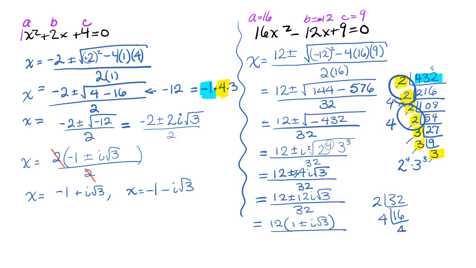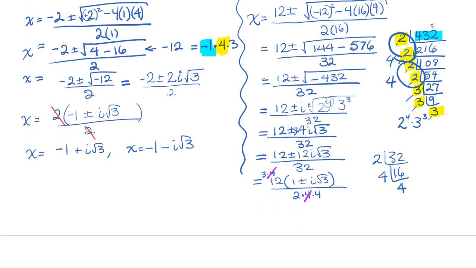If I divide by 4, I get 4 as a remainder. Think of it like this. We have a 3 times a 4 in the numerator. That will give me my 12. And I also have 2 times 4 times 4 in the denominator. The only thing that's going to divide out of both is a 4.